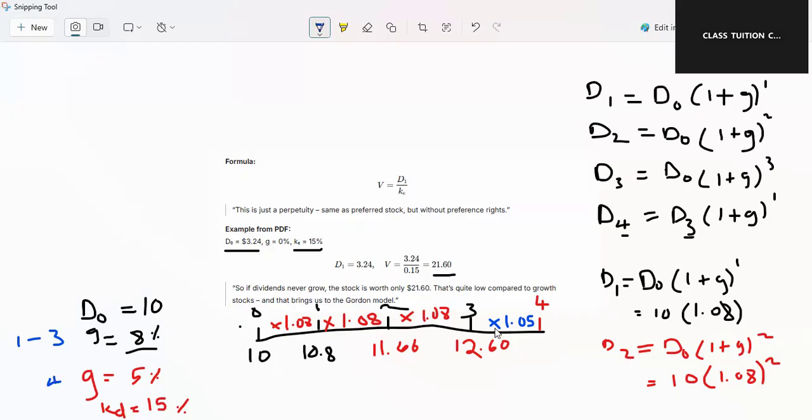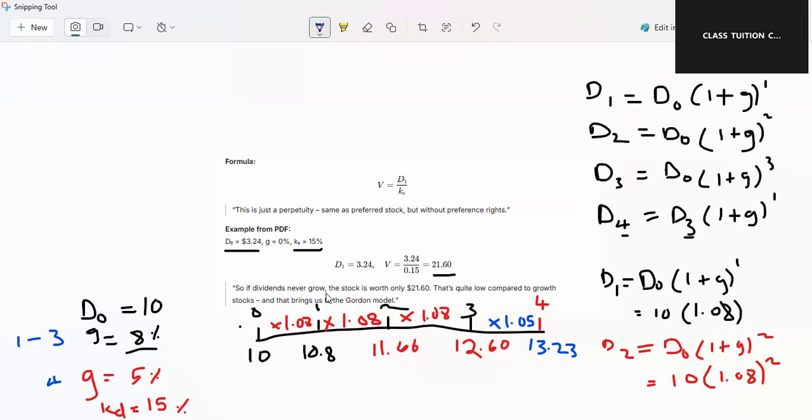So now I'm applying 5%, so 1.05 there. Are we together? So our figure for year 4 will be 13.23. So this is how we can project the various growths.